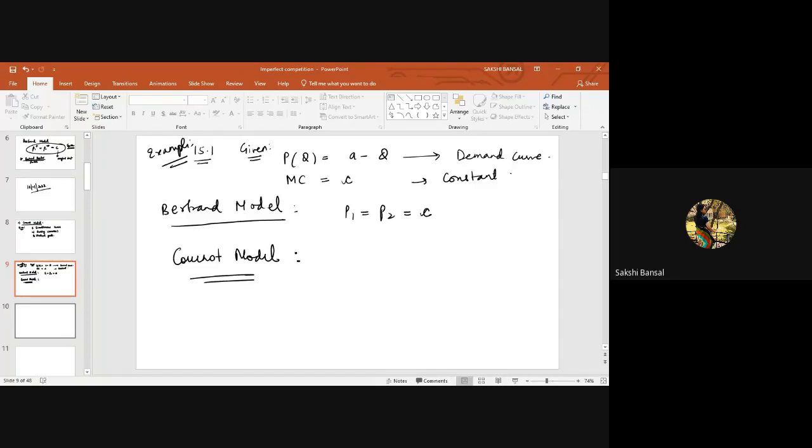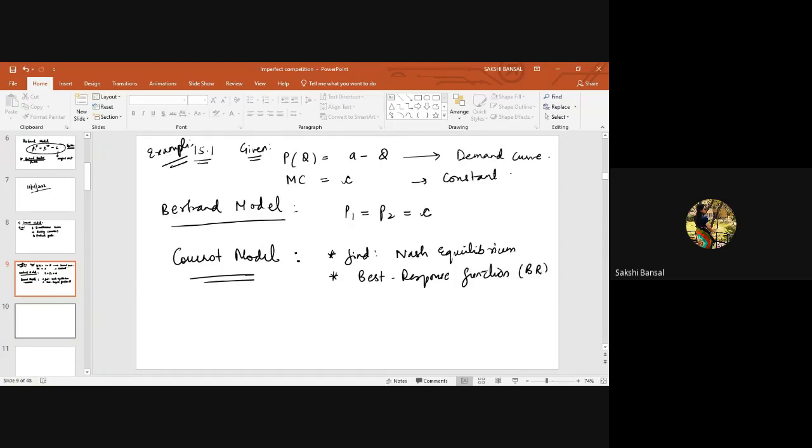what we need to find out? We need to find out the Nash equilibrium. To find out the Nash equilibrium, first we need to calculate the best response function.